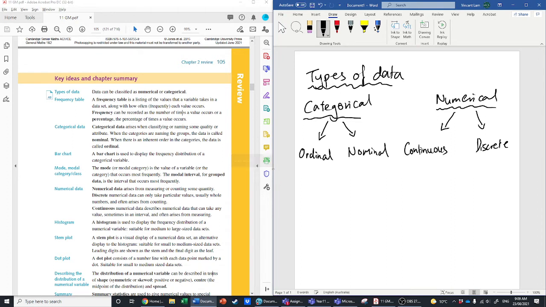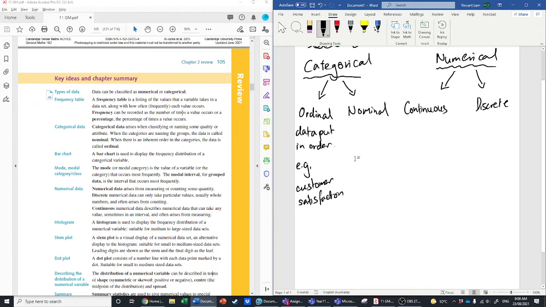Moving on from that, the ordinal type data is data that can be put in order. So what I mean by that is, let's say, for example, customer satisfaction. Satisfaction would be a type of ordinal data, because you can have low, medium, high.